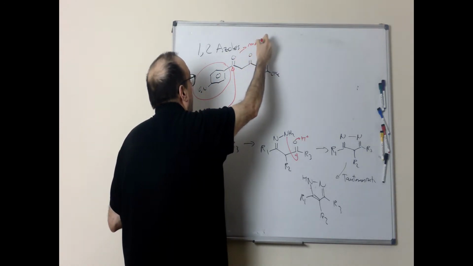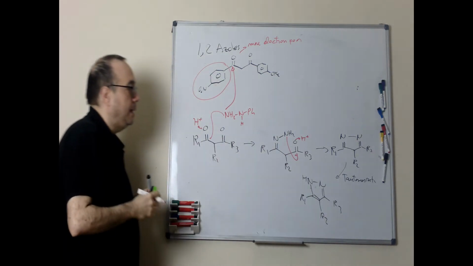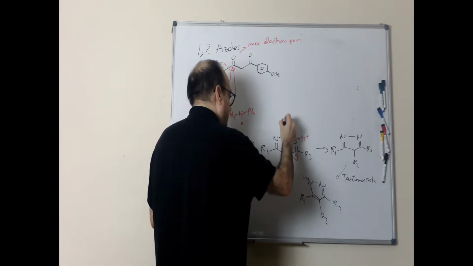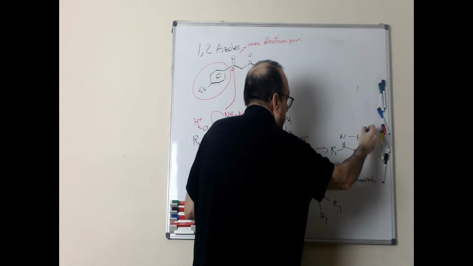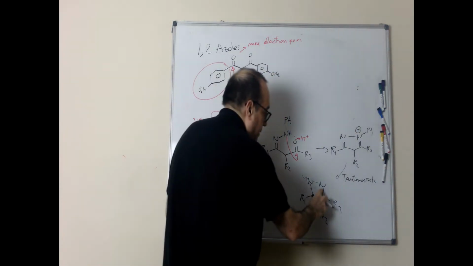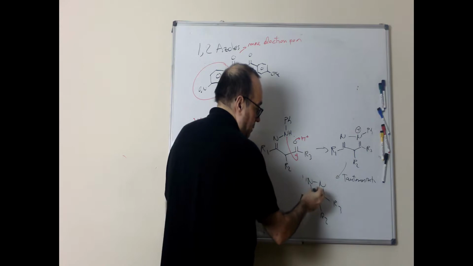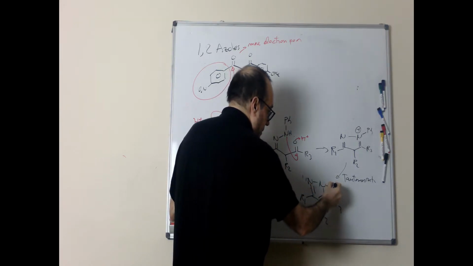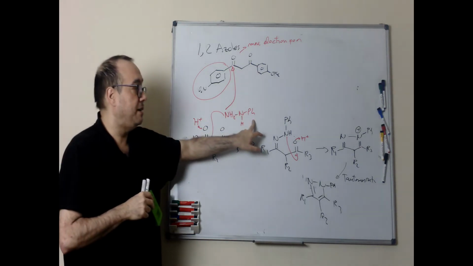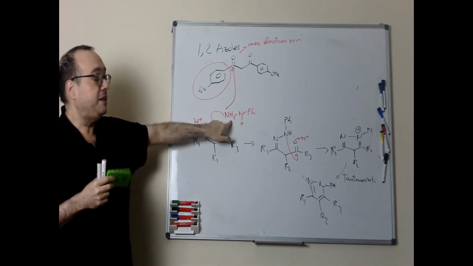That means that this will be more electron poor. And the rest of the mechanism will be exactly the same. In this case, obviously, the tautomerization has to be with this. And what we will get is this compound.